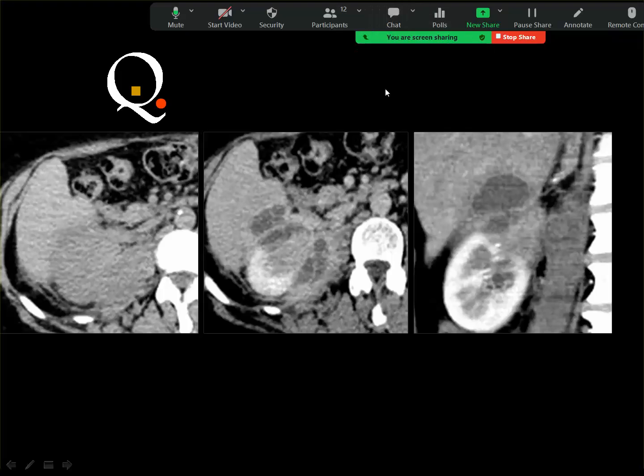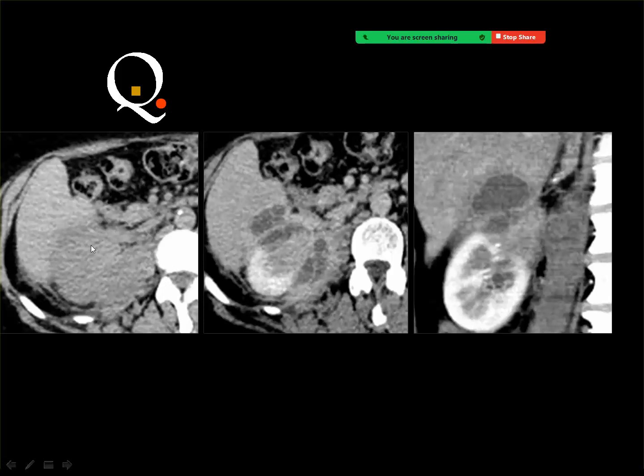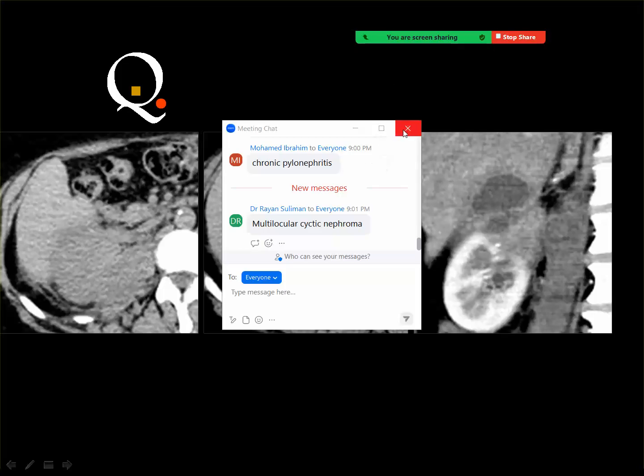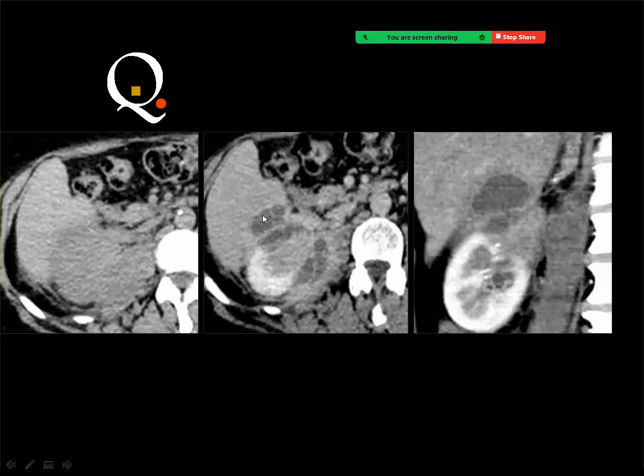The appearance in the pre-contrast scans is difficult to diagnose, but after injection of contrast material, you got multiple marginally enhancing lesions in the kidney as well as in the liver, and these are abscesses affecting the kidney and extended into the perinephric space and also into the liver parenchyma, resulting in another abscess.